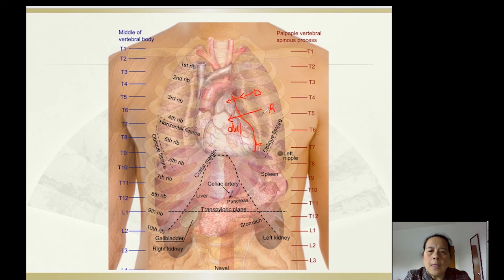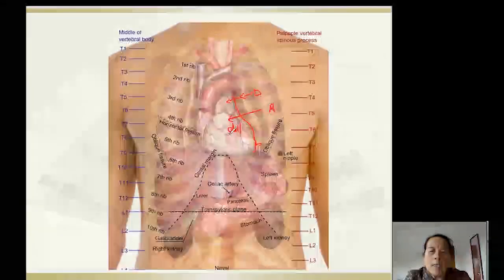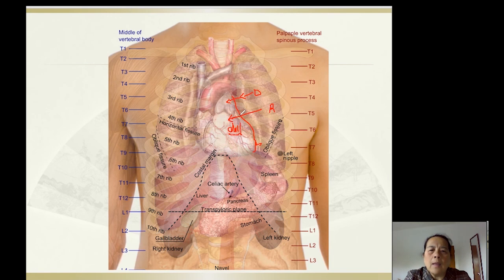So if I percuss from the lateral side to the center, I hear the resonant sound first, then it changes to a dull sound. That means that's the edge of the heart.